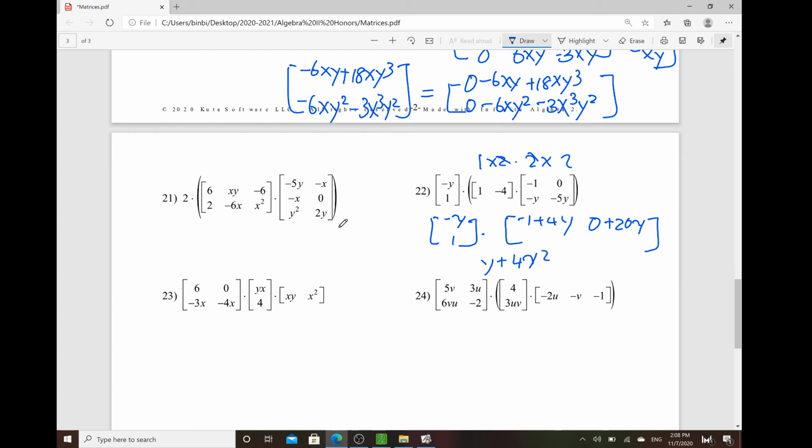So this one is considered 2 by 1. And this one is 1 by 2. So eventually the resulting matrix will be considered 2 by 2. Okay, so rows times column. Oh, you know what? We don't need to add it. Just row times column.